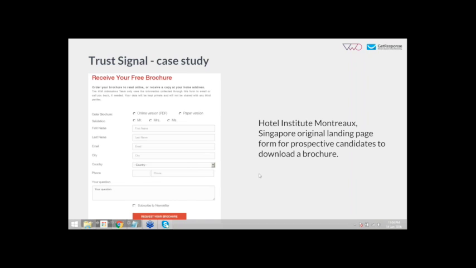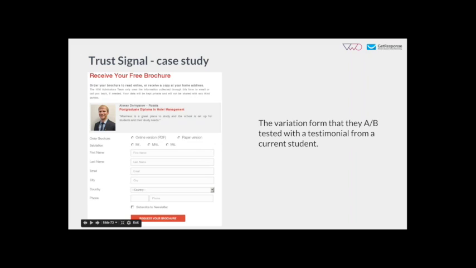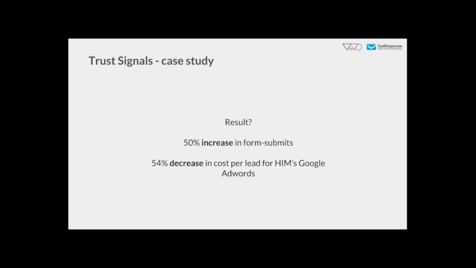Their variation looked like this: for the postgraduate diploma in hotel management, they just added a testimonial from a current student. No other change was made to this form, and this resulted in a 50% increase in form submits. More importantly, it also resulted in a 54% decrease in the cost per lead for their AdWords campaign pointing to this landing page.